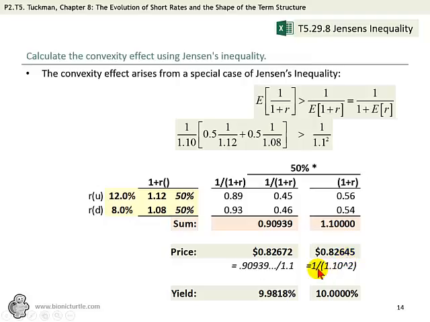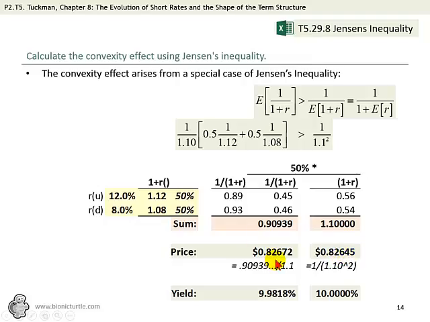Here we've just gone straight to this on the right, 1 divided by that discounted at 10% over 2 years. And so that ends up being, as we can see, a slightly lower price, just barely, 0.82672 on the left, a little bit higher than the 0.82645 on the right.